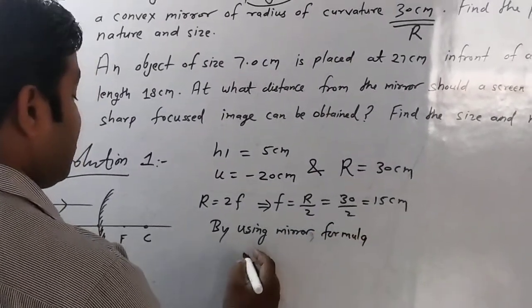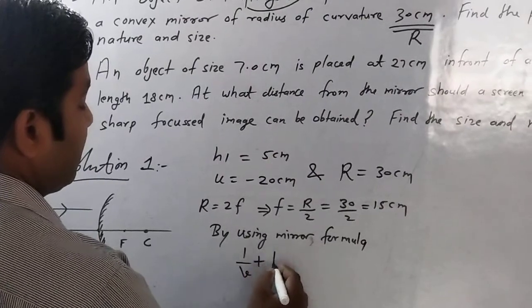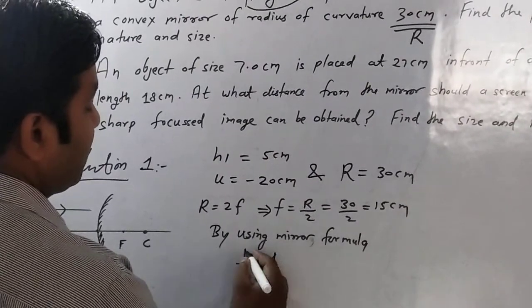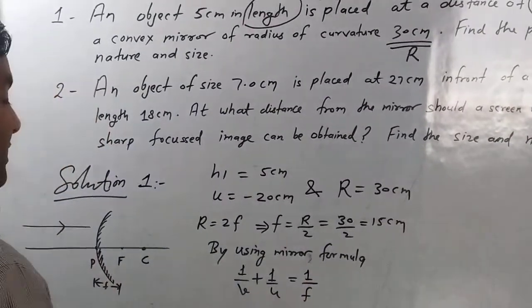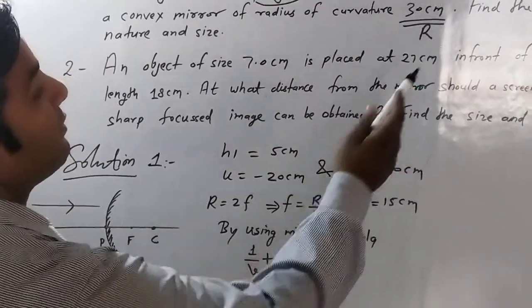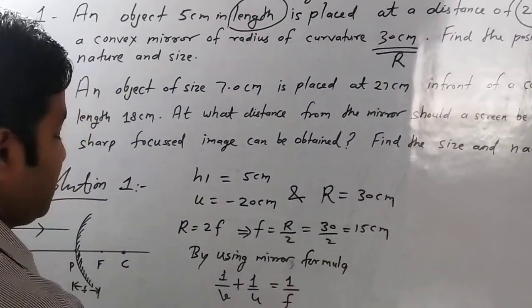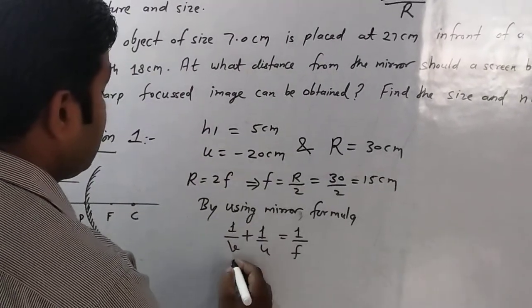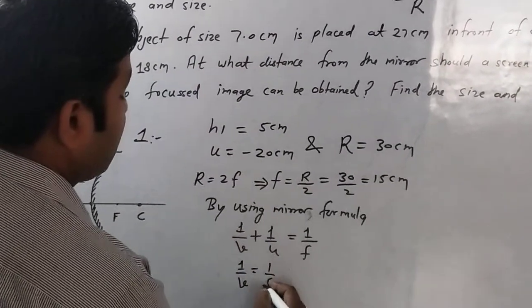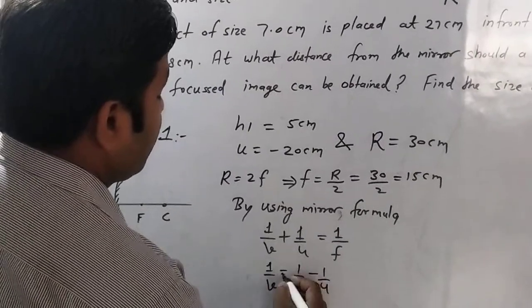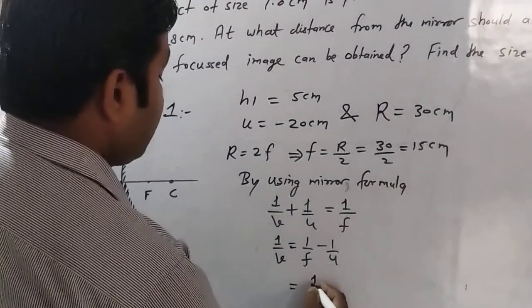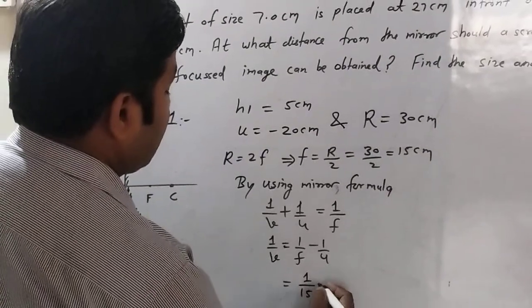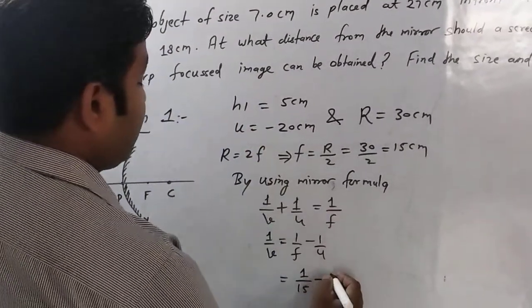we know the mirror formula: 1 upon v plus 1 upon u is equal to 1 upon f. Here we have to calculate the position of the image, meaning v. So 1 upon v is equal to 1 upon f minus 1 upon u. The value of f is 15 cm, and the u value is minus 20.